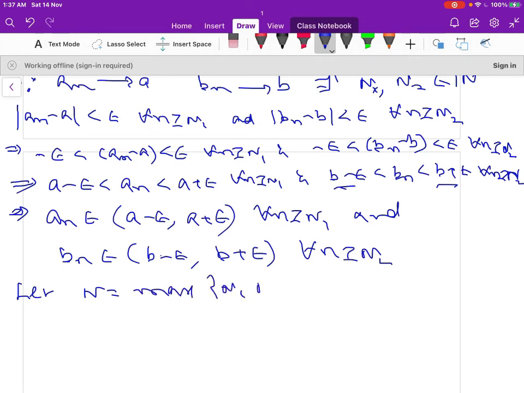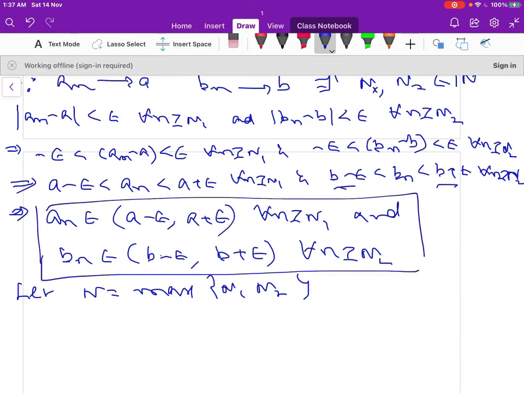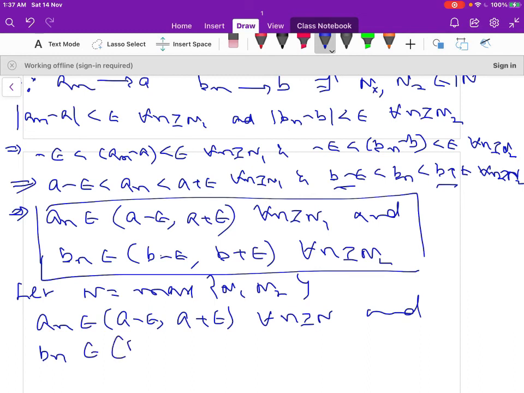Let n be the maximum of n1 comma n2. From the above equations you can observe that an belongs to the interval a minus epsilon comma a plus epsilon for all n greater than or equal to n, and bn belongs to the interval b minus epsilon comma b plus epsilon.